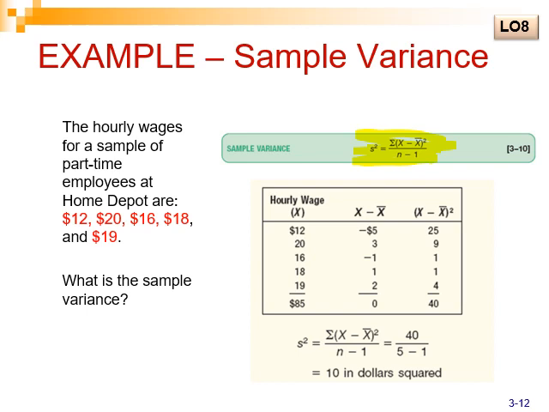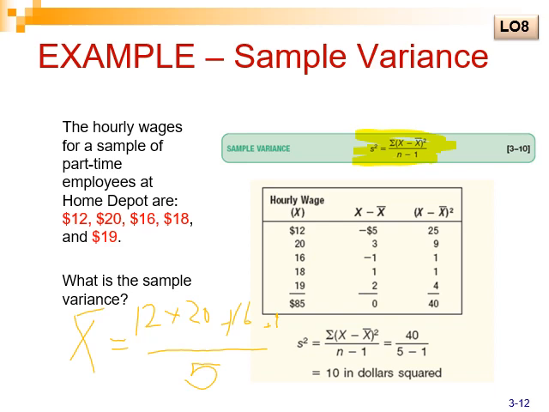So we will first get the arithmetic mean of the total values. The sample mean x bar equals 12 plus 20 plus 16 plus 18 plus 19 over the total number, which is 5.